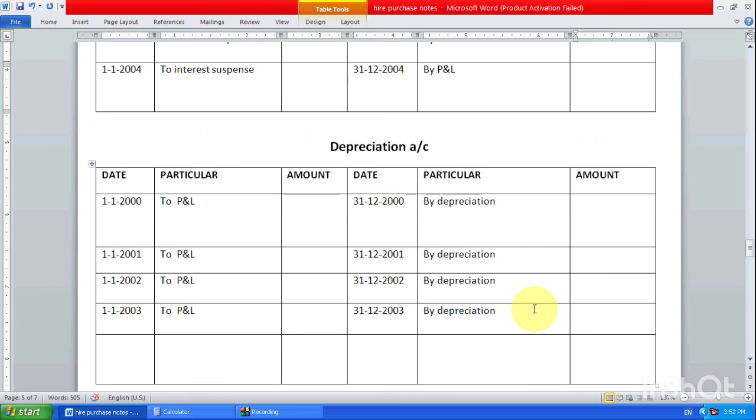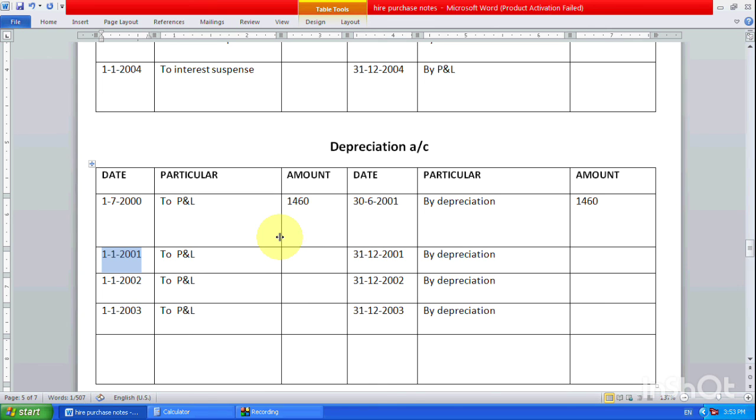Now let's prepare the depreciation account. I have already prepared for 4 years. Let's only prepare for 2 years. 1st July 2002, P&L. P&L should be on the debit side here in depreciation and the credit side in the interest account. Here 1,460 for first year depreciation, 14,600 into 10%, 1,460. 30 June 2001 by depreciation 1,460.